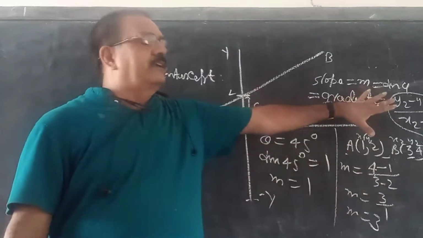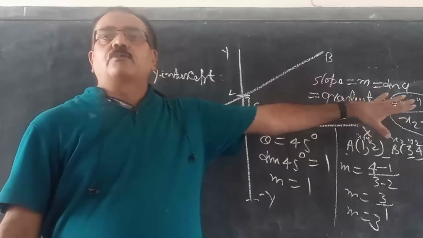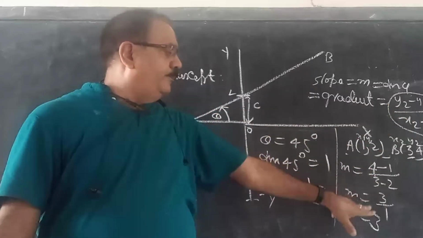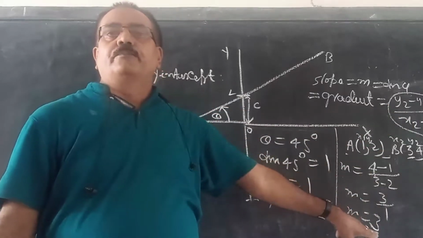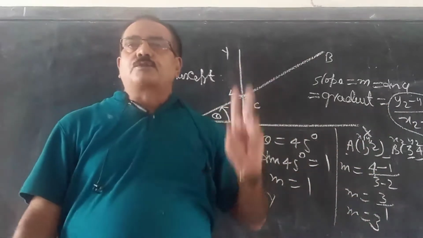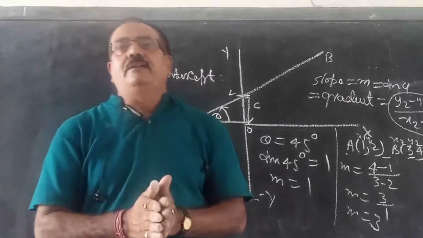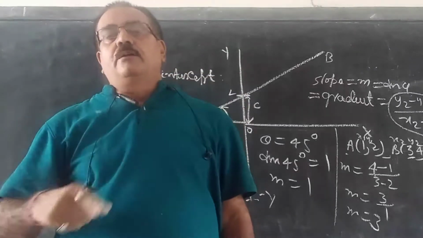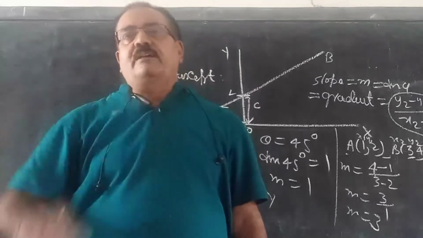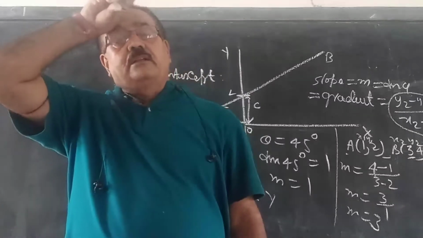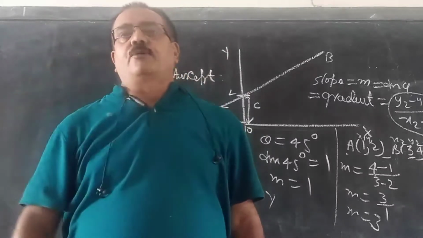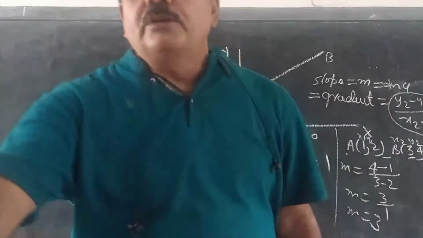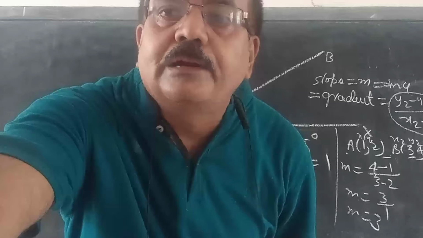Then put this value in the given formula, and that will give the slope. Remember, slope means that the line makes an angle with the x-axis only, with the x-axis in positive direction. Which one is the positive direction? Anti-clockwise direction is the positive direction. Right. Thank you very much. Some more detail I will explain to you in the next.